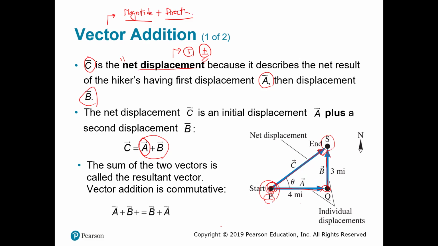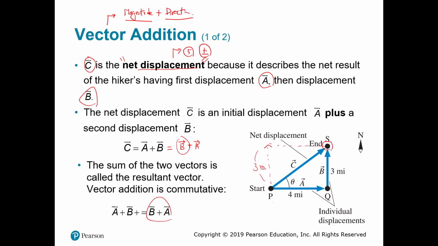And of course, you can also find the C vector by changing the order like here. You can also say C vector is B vector plus A vector. Think about why. If you go B vector first, what does that mean? You travel to the north 3 miles first, and then you move to the east 4 miles.